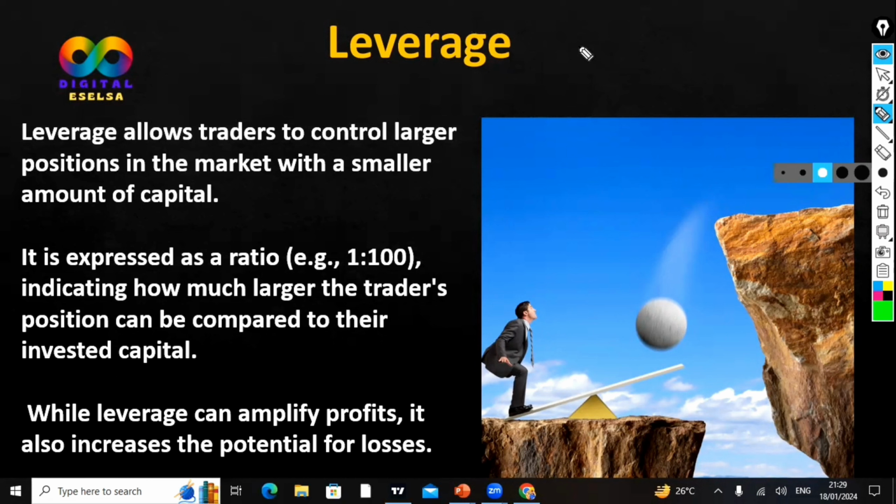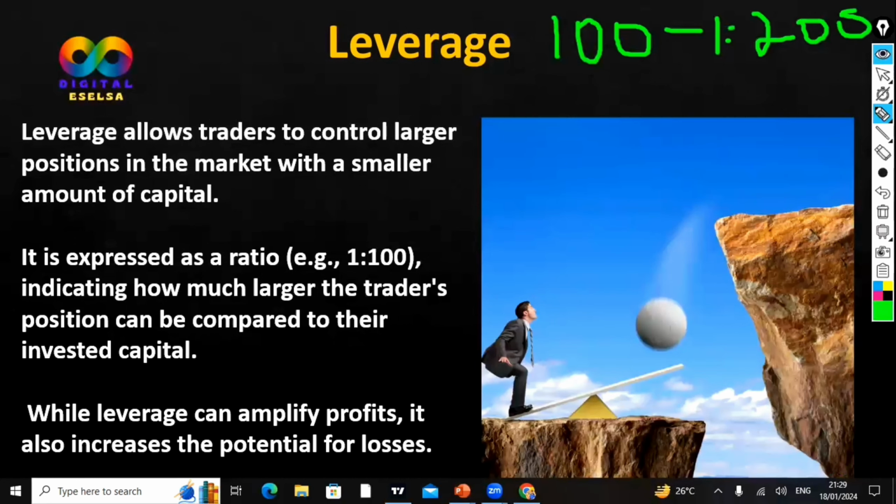So leverage means if you are funding $100 and your broker is giving you a leverage of 1:2,000, that means you are trading with the financial power of 100 times 2,000, which is almost $200,000 account. That is the equivalent of amount of money you are trading with. So the broker will borrow you some money and give you leverage so that you'll be able to trade. Then when you lose your $100, the broker will take away the leverage and your account will blow, right?